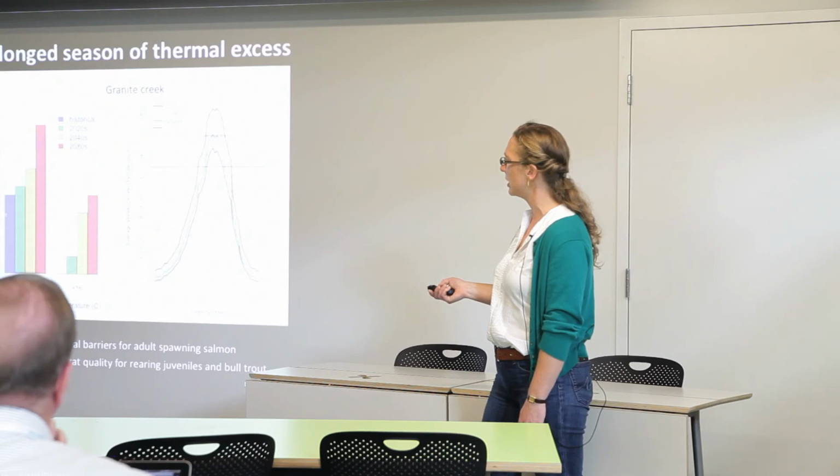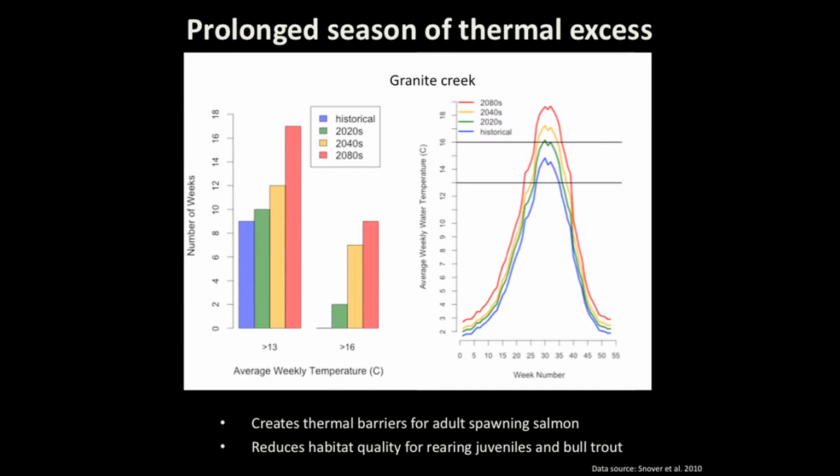So historically, Granite Creek had about 9 weeks out of the year that it exceeded the 13-degree threshold, but we're seeing a doubling of that by the 2080s. And historically, we saw no excess of 16 degrees, whereas we're going to see about 9 weeks out of the year. So the temperatures are not only getting warmer, but the duration of those warm temperatures is going to become longer.